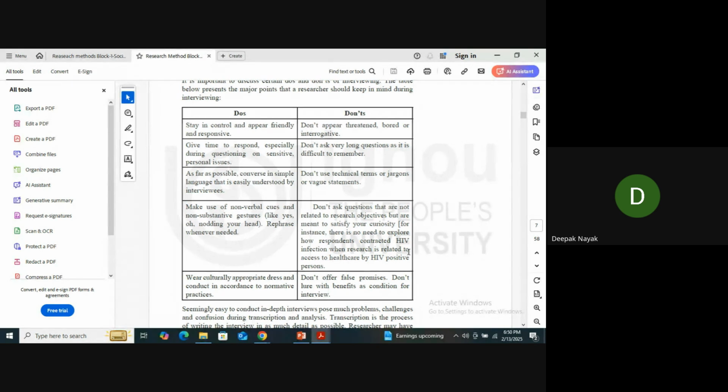It is very important that you observe through your eyes what non-verbal cues the respondent gives. Non-substantive gestures also need to be taken care of.